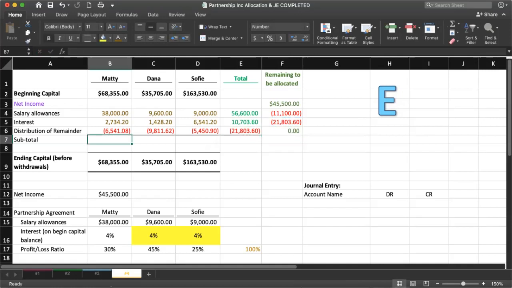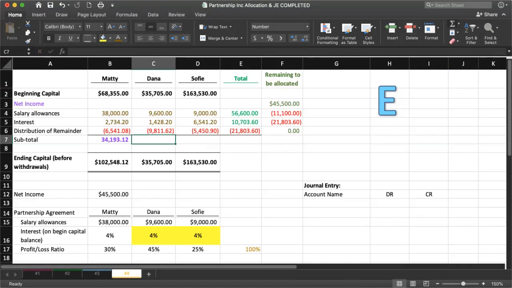Now, how much is each partner going to then receive? All right, so this is the sum: salary allowance, interest, and then distribution of the remainder. So this means that Mattie's capital balance is going to increase by $34,193.12.